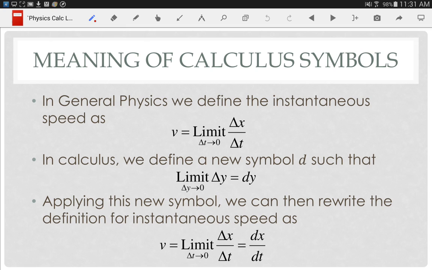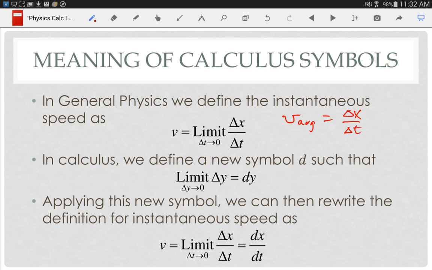In the algebra-based class, we say that the average speed is equal to the change in position over the change in time. So if we want to find the instantaneous speed, we take the average in the limit of an instant. In the limit as delta t is smaller and smaller, you're getting closer and closer to an instantaneous speed. To actually get to that, we shift from delta t to dt.